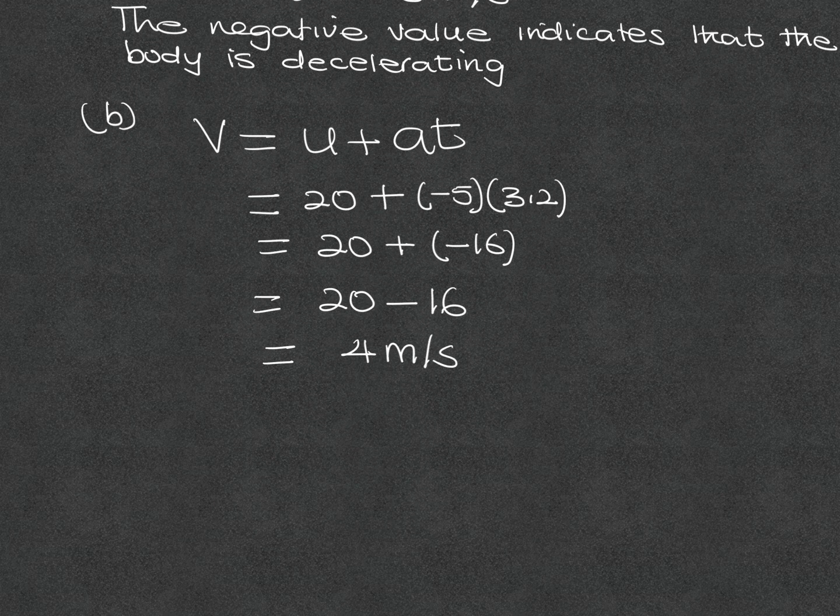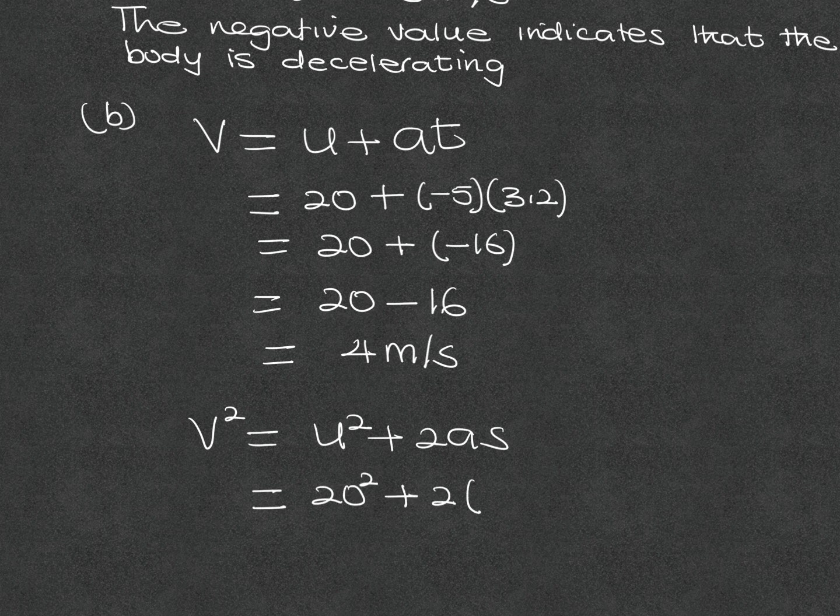Alternatively, I can use the formula v squared is equal to u squared plus 2as, and I'm expected to have the same answer. In that case, v squared is equal to u squared is 20 squared plus 2 multiplied by the acceleration is minus 5 times the distance is 38.4.